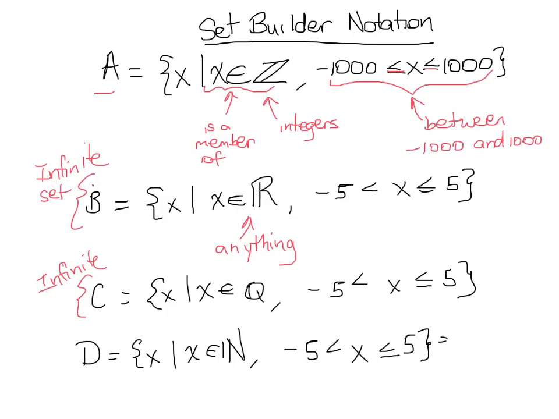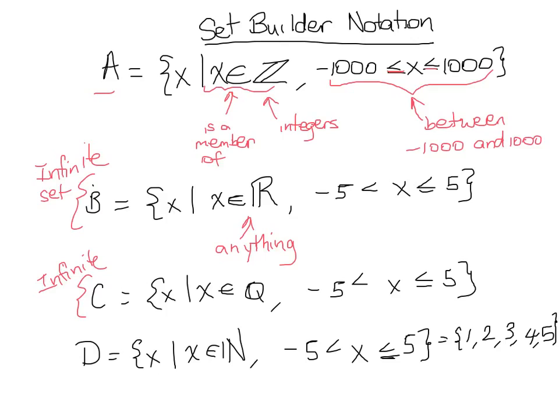So the first natural number between -5 and 5 would be 1. 2 would be the second, 3, 4, and does it include 5? Yes, it does, because we have the less than or equal to sign. That's a 5, not a 6, so let me rewrite that to make sure it's clear. So those are the natural numbers between -5 and 5, and it does, according to this, include 5, so I put it there. So we can list the natural numbers between -5 and 5.